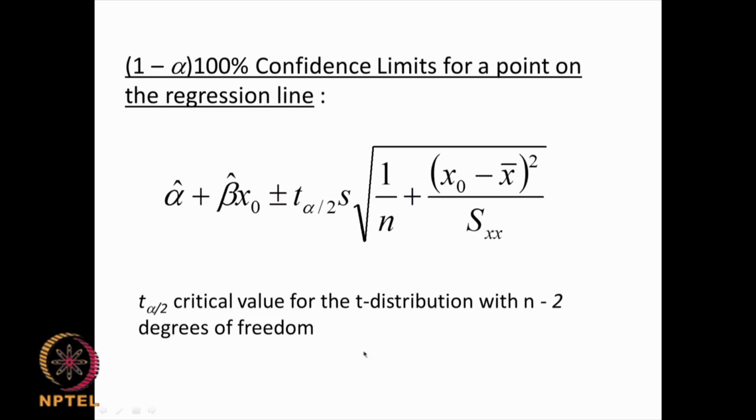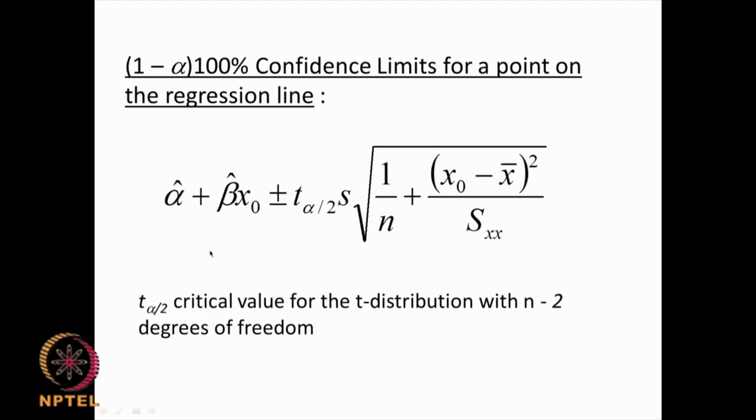If I fit a regression line, then at any point x naught it will give alpha hat plus beta hat x naught, that means it is predicting the y naught at a given x naught. This is a regression line. This also will have a confidence limit because it will not be absolute, that is given by plus or minus t alpha by 2, s square root of 1 by n plus x naught minus x bar square by Sxx, with n minus 2 degrees of freedom, t distribution.